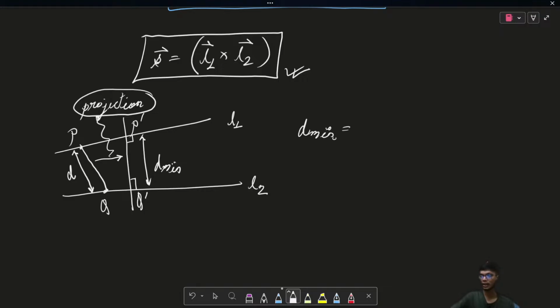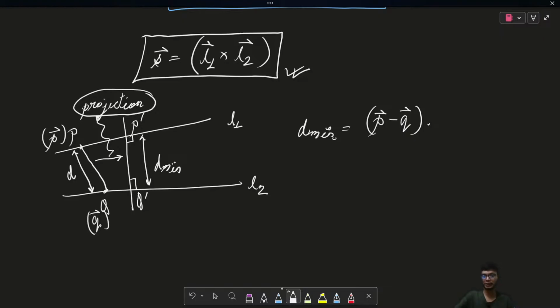Let us say the position vectors of points P and Q are small p vector and small q vector. Then P minus Q will be this particular vector, and taking a projection means I'm taking a dot product with the vector onto which I'm projecting.